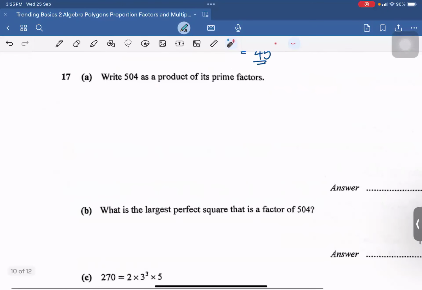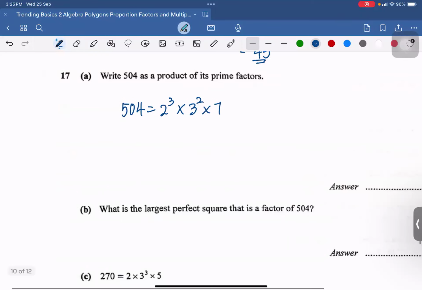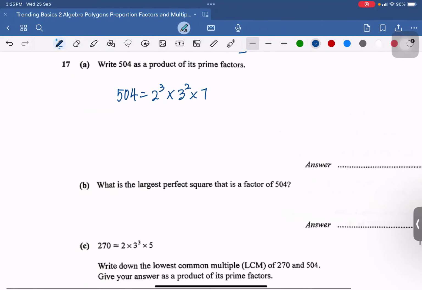But now it doesn't have two numbers. It only had one number. So I look at it, 504, split this up into, anyone done the work? 2 cubed times 3 square times 7. Okay, so in this case, write this one as a product of its prime factors.